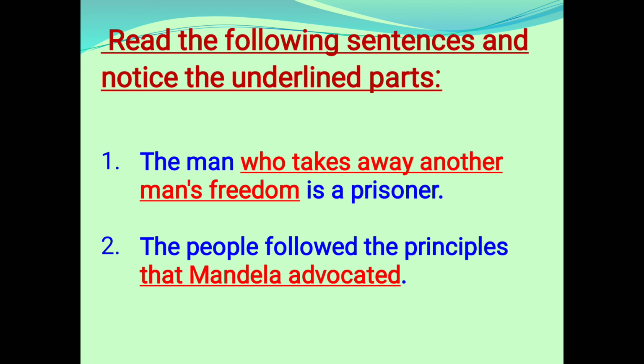Here, in the first sentence, we are able to identify who the man is with the help of the information contained in the clause who takes away another man's freedom, which is underlined.